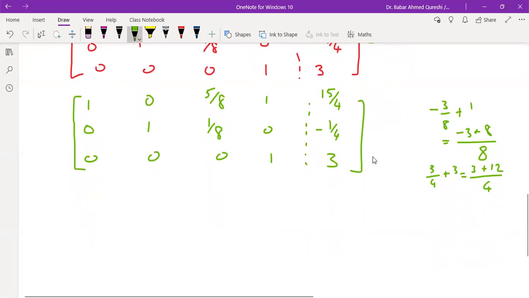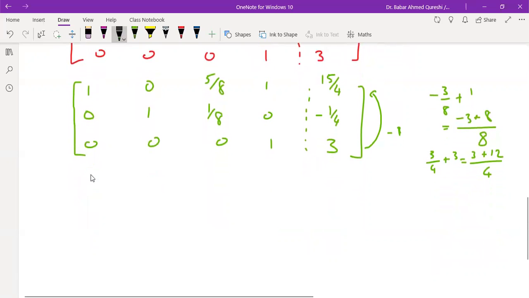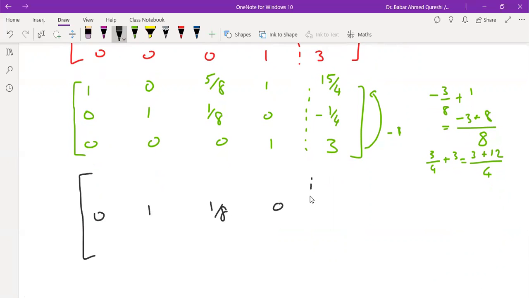And now what I need to do is, so this row is done. This row is in the correct form. Now I have to take this and add above with a minus. So this row, because it had a 0 above, didn't need to do anything.